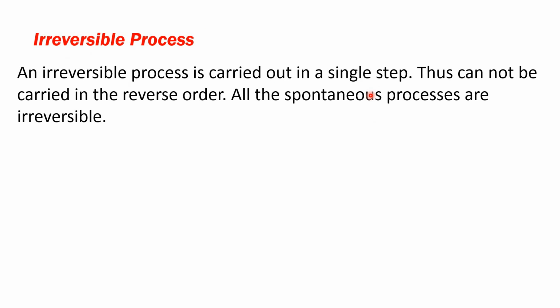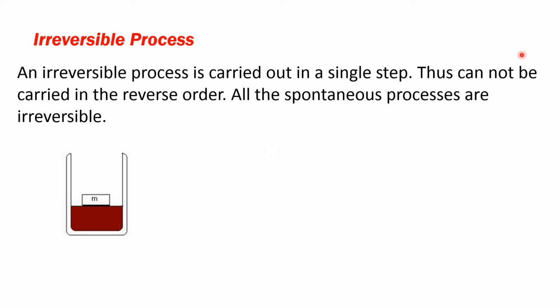Now coming to irreversible process. Irreversible process, just opposite to reversible process, is carried out in a single step and it cannot be reversed back. That means when it has come to the final state, you cannot reverse back. And all the spontaneous processes are irreversible.